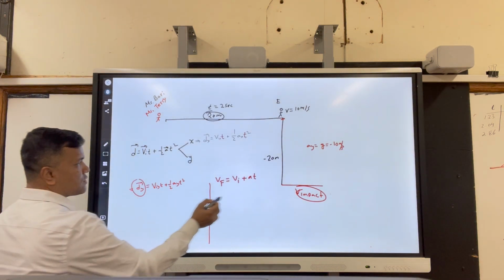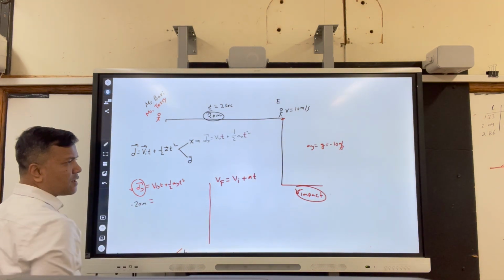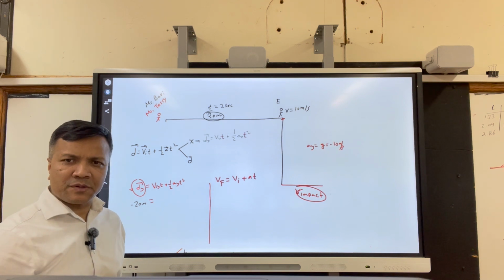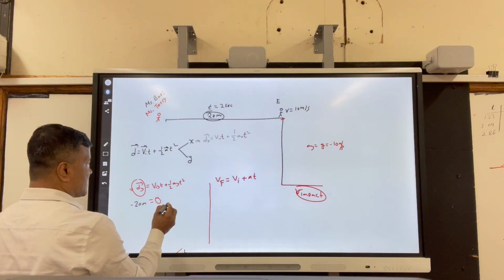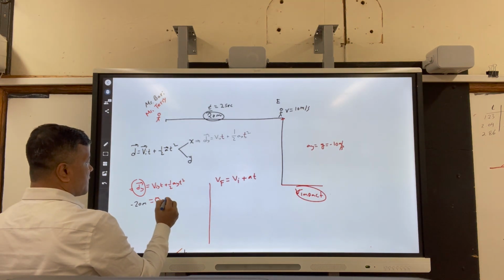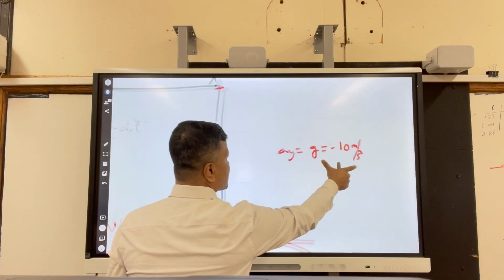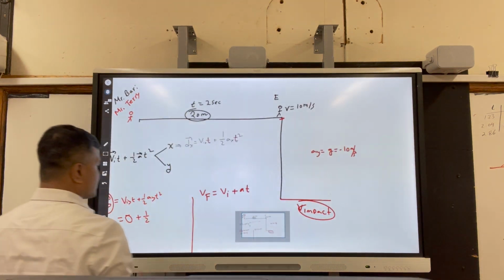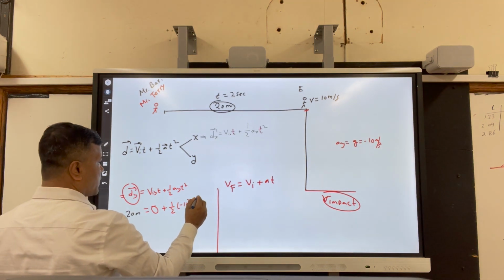dy, we know the dy, -20, and we know the viy. Nobody pushing, Mr. Terry dropped himself, so Mr. Terry's initial velocity in the y direction is 0. Plus half ay, and ay has a size of -10, and then of course t squared.